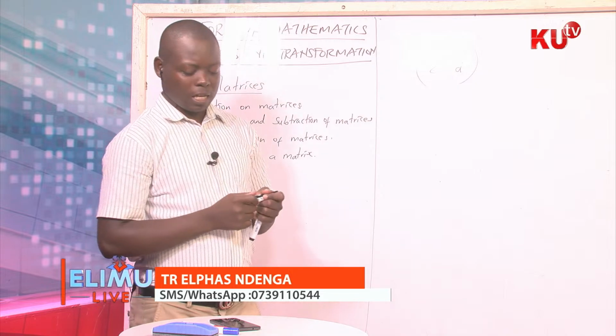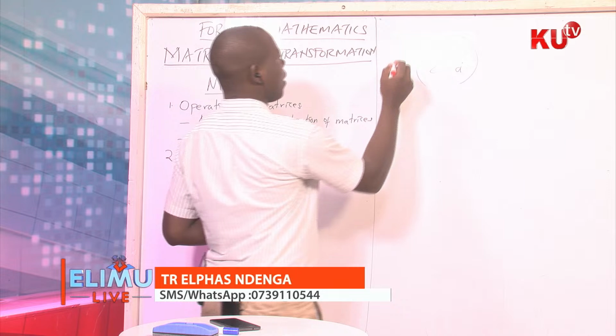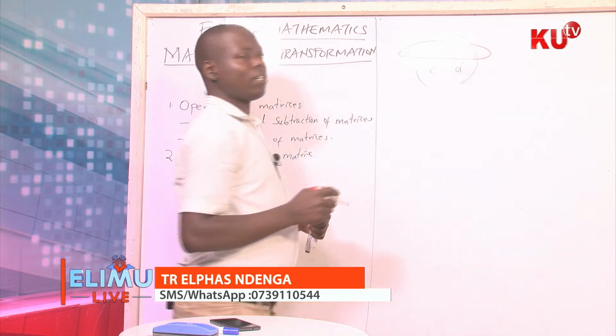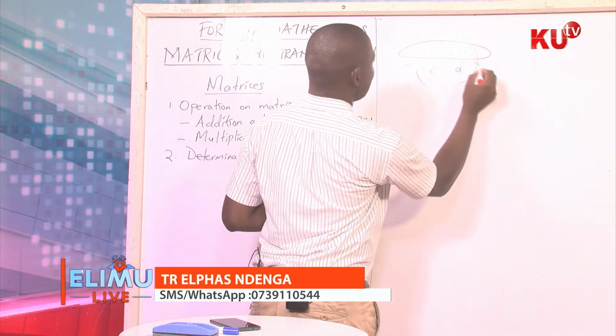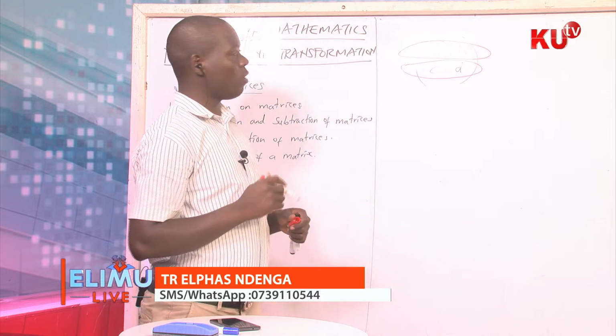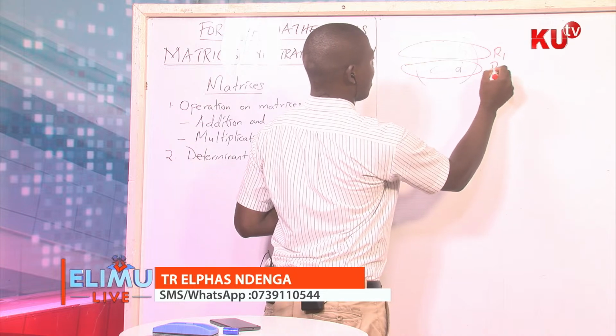What are rows then? This is a row. Horizontal. They are called rows. So this is row number 1 and row number 2.